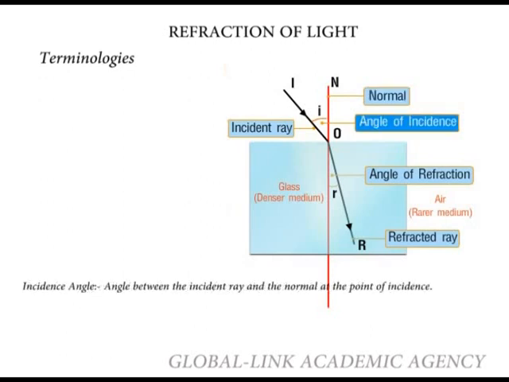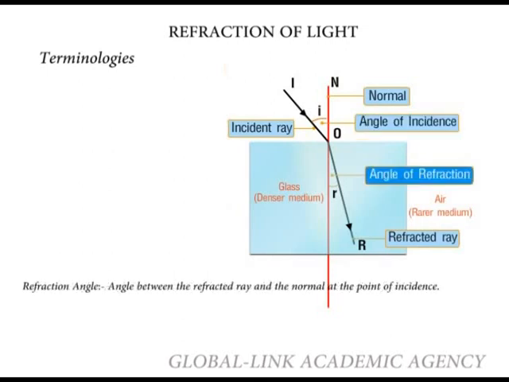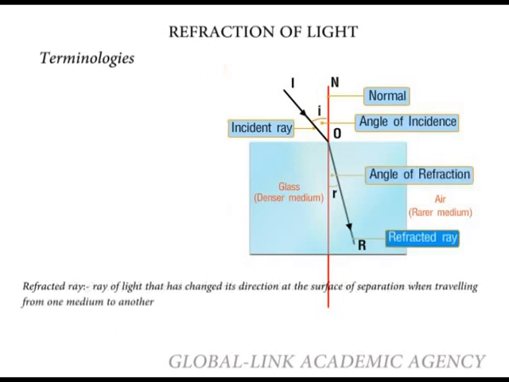The angle of incidence is the angle which the incident ray makes with the normal at the point of incidence. The angle of refraction is the angle which the refracted ray makes with the normal at the point of incidence. Refracted ray is the ray of light that has changed its direction at the surface of separation when traveling from one medium to another.